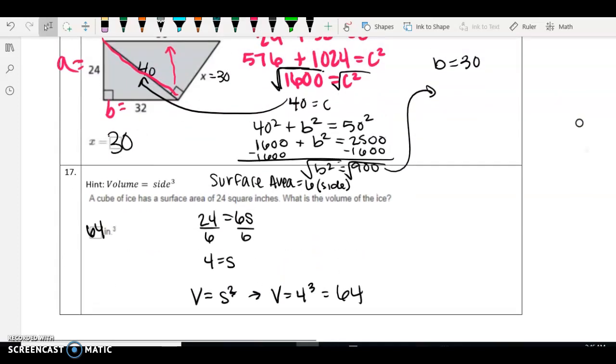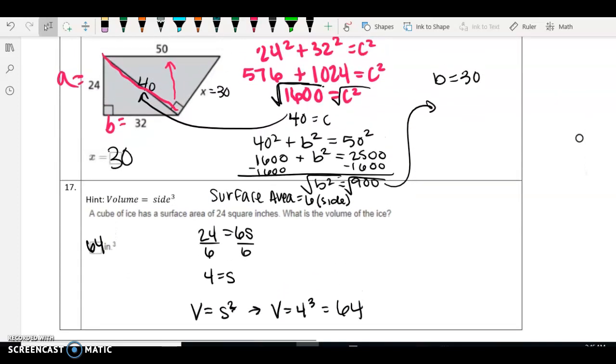All right. So number 6 tells us that a cube of ice has a surface area of 24 square inches. And I gave you a hint that said the surface area equals 6 times the side squared. And so we have 24 equals 6s. And then I'm going to divide by 6 on both sides. And I find out that s, so my side length, is 4. This is my side length.